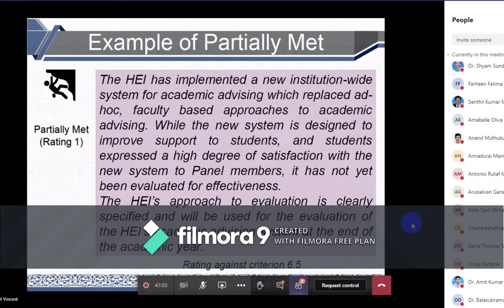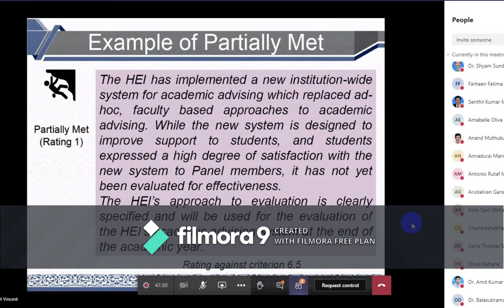So that means we do have plans and processes. We have a kind of system, maybe an old system, and we are moving to a new system. That particular system is still not tested and evaluated, so we don't have results, and since we don't have results, we don't have an improvement on that.